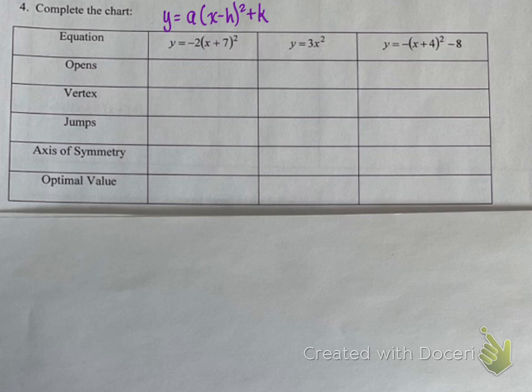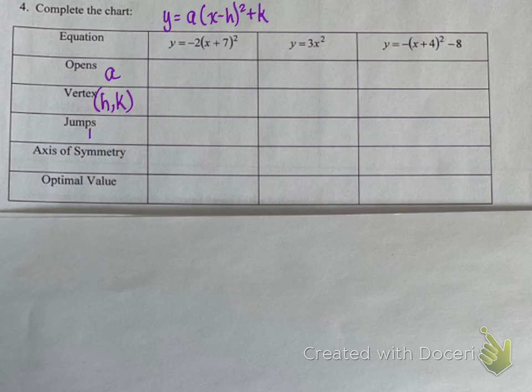There's the vertex form up there. We saw it earlier. y equals a(x minus h) squared plus k. So our opening is our a value. Our vertex is our (h, k) value. Don't forget the brackets around it because that is a set of coordinates, (x, y), (h, k).